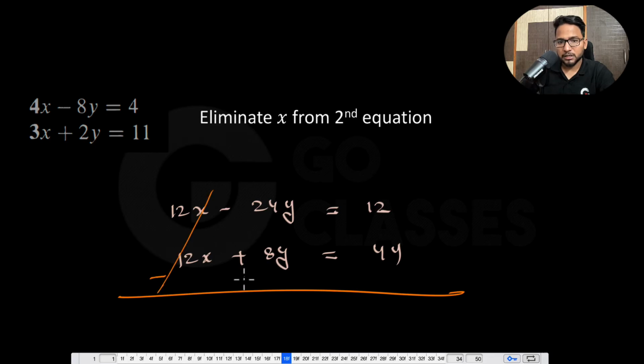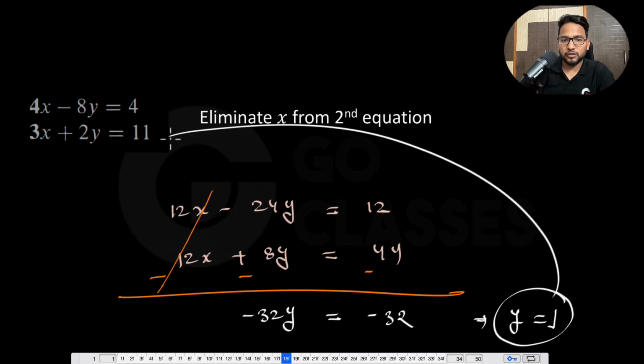You subtract this, and then you subtract this, then it will be minus 32y equal to minus 32, and finally you get the y value as 1. So now you put this y value in one of these equations, right?